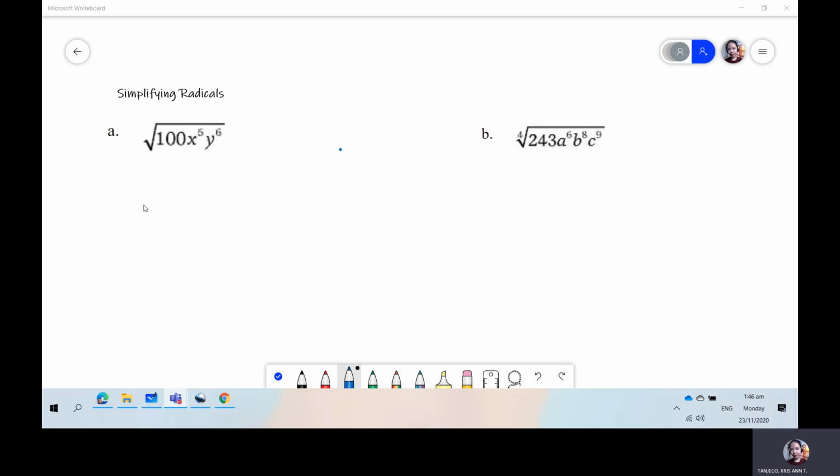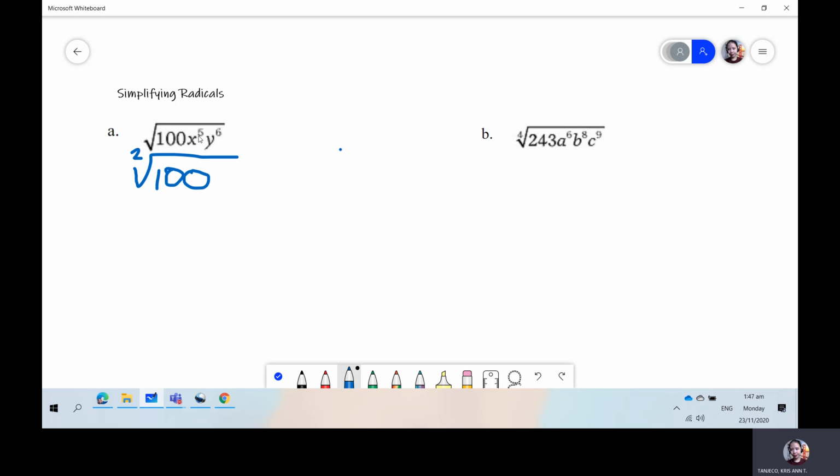So for us to be able to work with the following, remember that if we have here the square root of 100, it means that the nth root will be 2, and we're going to write the square root of 100. For the variable part, we are just going to factor out the variables, meaning the exponent.